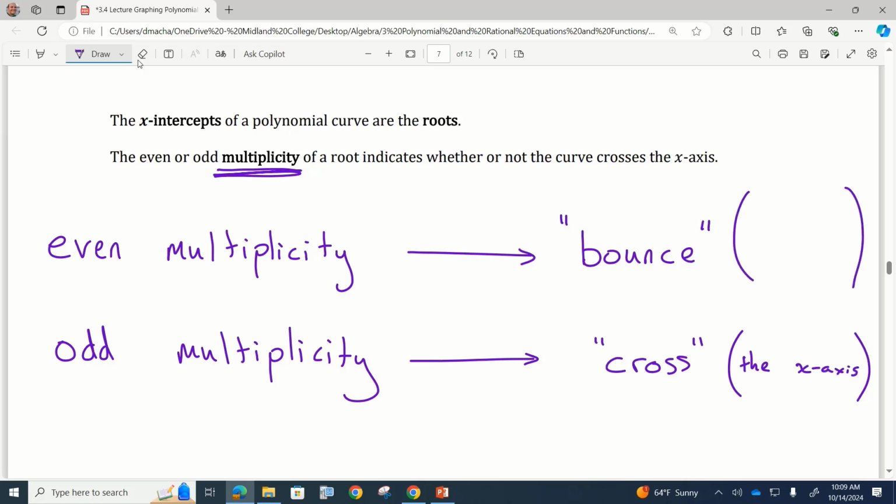And what I mean by bounce is it's going to look like the curve does not cross the x-axis.